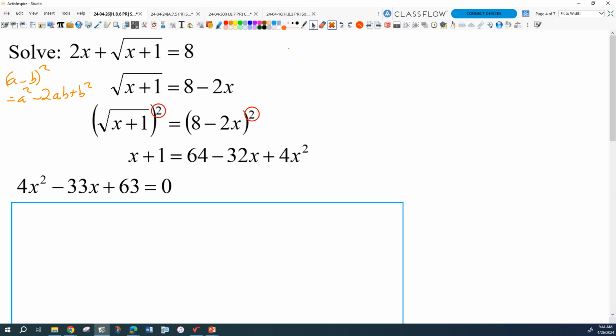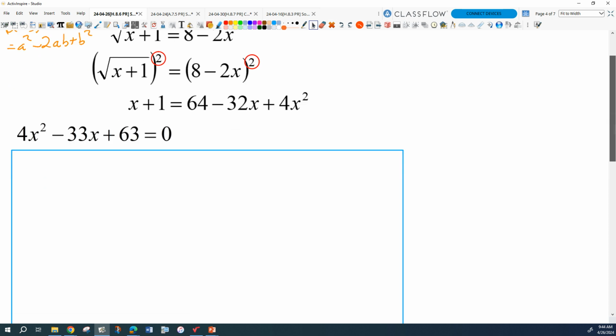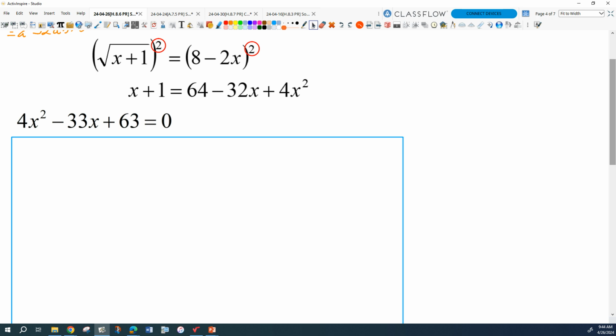Now at this point, we would just solve this thing with the quadratic formula, right? We're not going to try to factor this. If we could luck out and factor out a 4, if we had a GCF of 4, that'd be great, right?